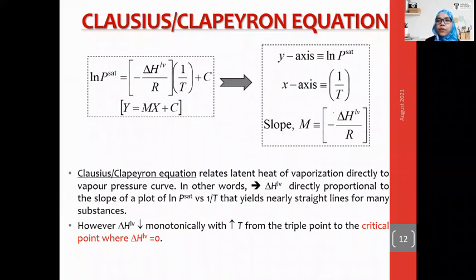That's why we rearrange for the linear equation based on y equals mx plus c. However, delta H LV decreases monotonically with increasing temperature from the triple point to the critical point, where delta H LV equals 0.